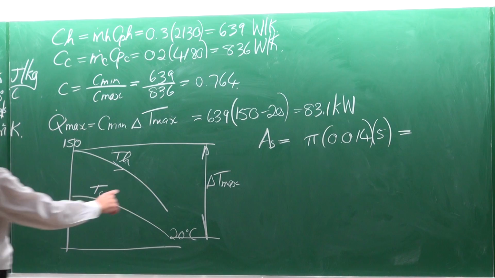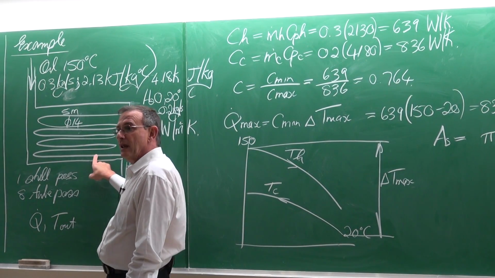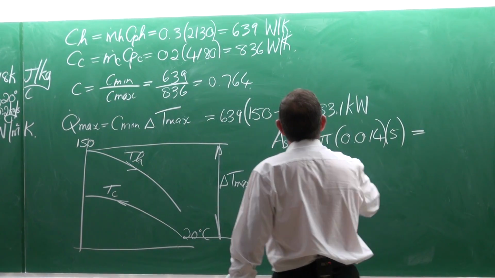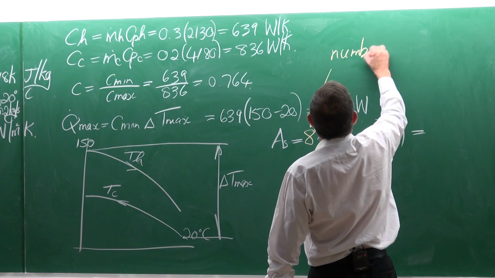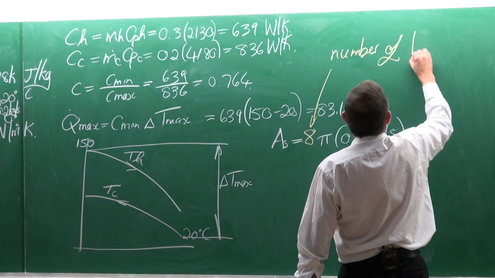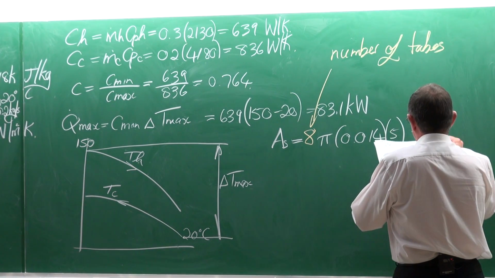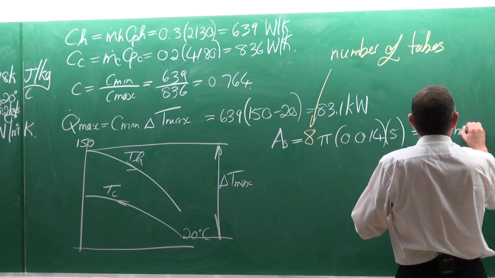Good. Remember, there are 8 of them. This is an 8-tube pass. The length of every tube is 5 meters. So, the number of tubes, we need to take that into consideration. 1.76 square meters.